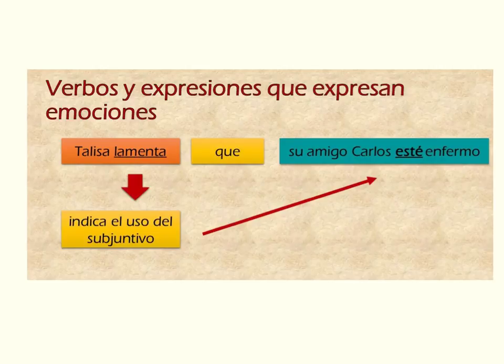Do we have a subjunctive trigger? Yes, we have a subjunctive trigger of emotion, which is lamentar, lamenta. Okay, she's sorry. She feels sad because her friend is sick. So because we're using lamenta in the first sentence, we're going to conjugate the verb in the subjunctive in the second sentence. Talisa lamenta que su amigo Carlos esté enfermo.